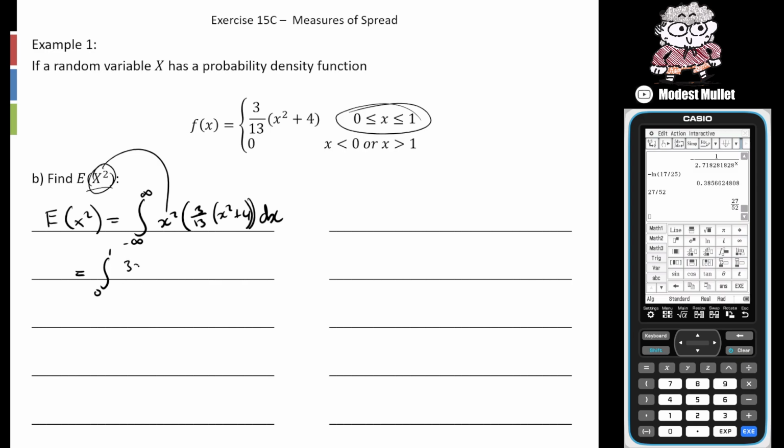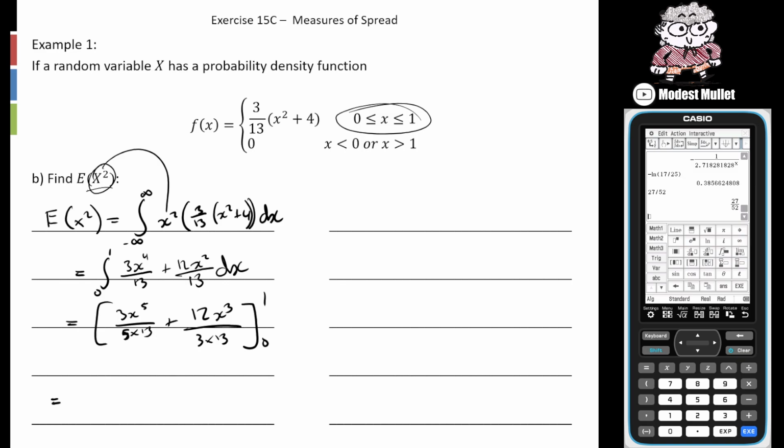Again, expand this, it's going to be 3x to the 4 on 13 plus 4x squared, no, that's 12x squared, on 13 dx, which is going to be equal to 3x to the 5 on 5 by 13 plus 12x to the 3 on 3 by 13 between 0 and 1.